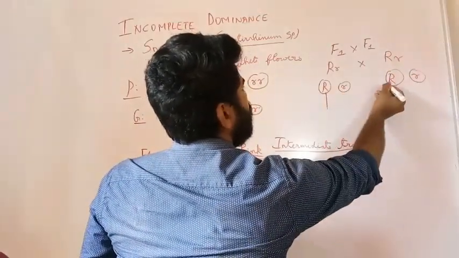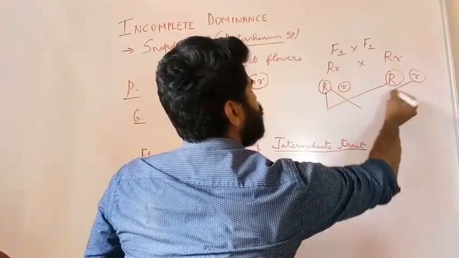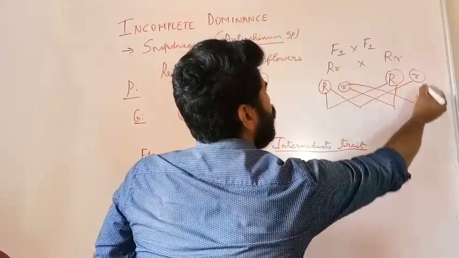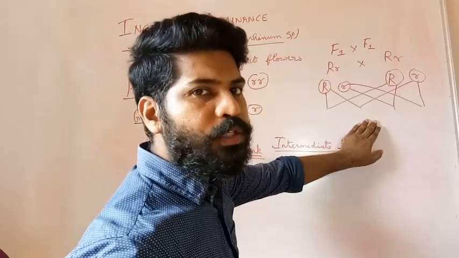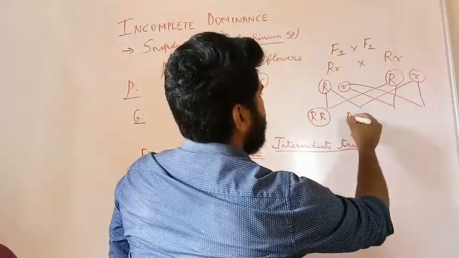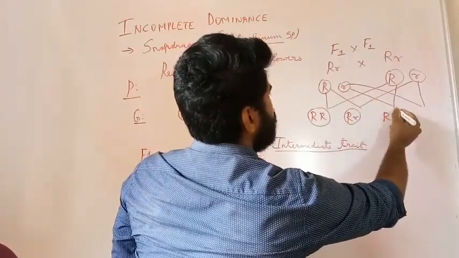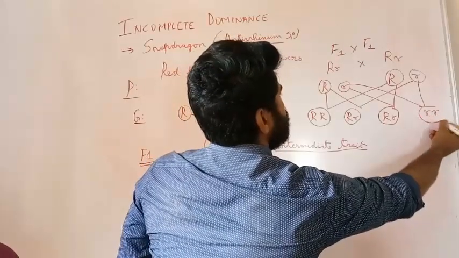So what are the possible combinations? This is one combination. The same gamete can fuse either with this, or with this. This we can do with the help of a Punnett square also. See, capital R, we will get capital R small r, capital R small r, and small r.